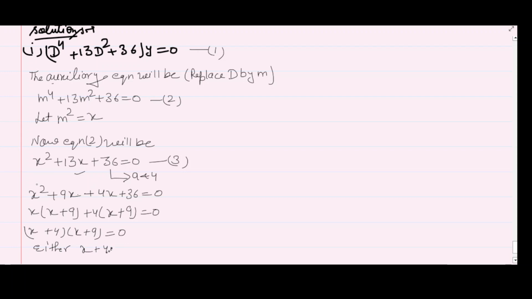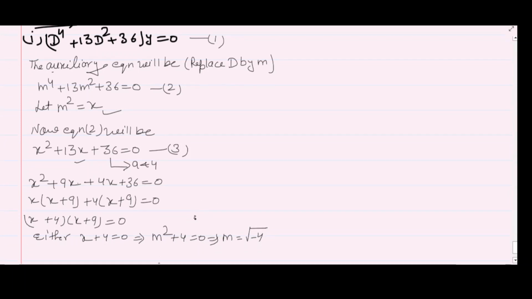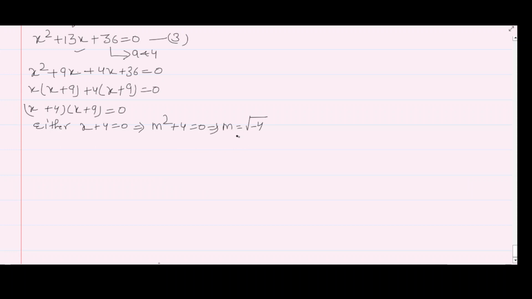So it means either x plus 4 equal to 0, that means the value of x is here m square, so then m square plus 4 that is equal to 0, the value of m will be root minus 4. Okay, now if the value of m equal to root minus 4, then it can be written as m equal to root minus 1 into 4, right?